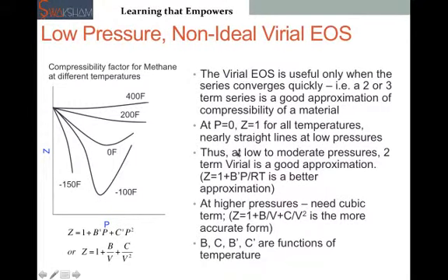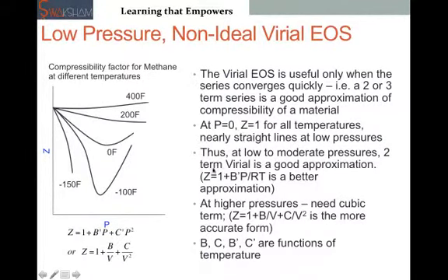At low to moderate pressures, that is close to pressure equal to 1, a two-term virial is a good approximation. So 1 plus B dash P or 1 plus B over V is a good enough approximation.